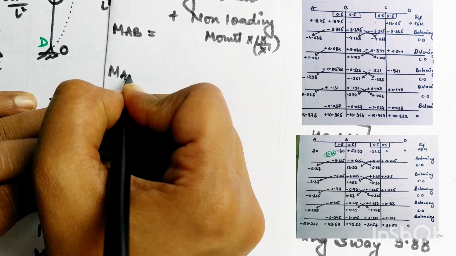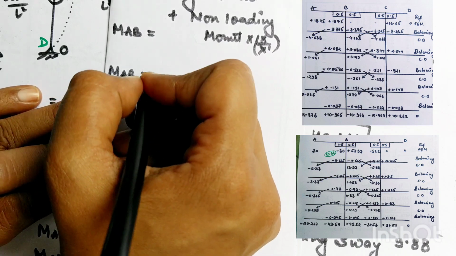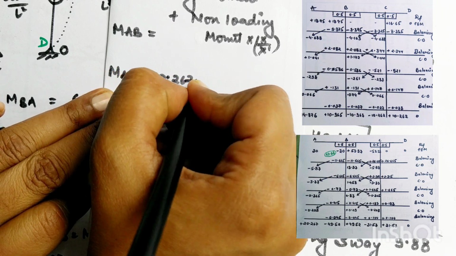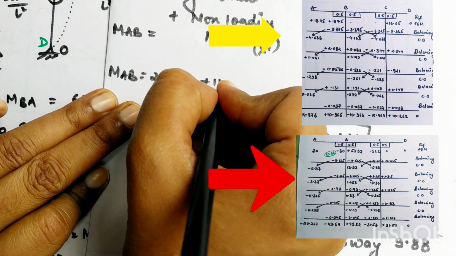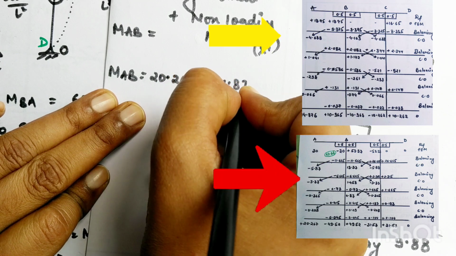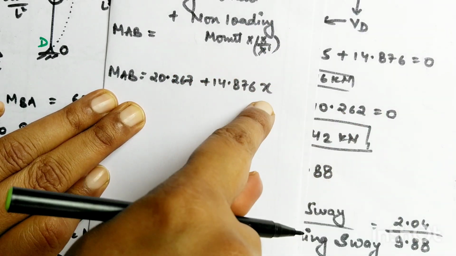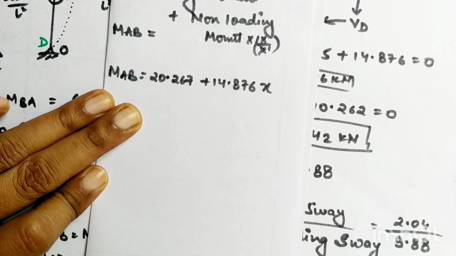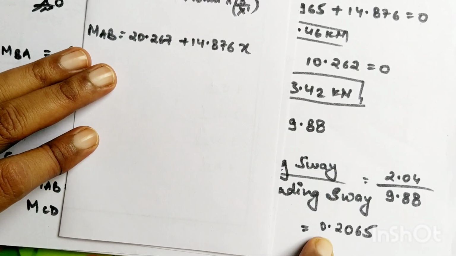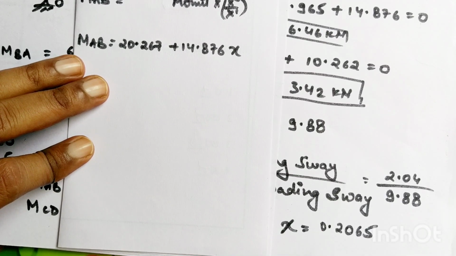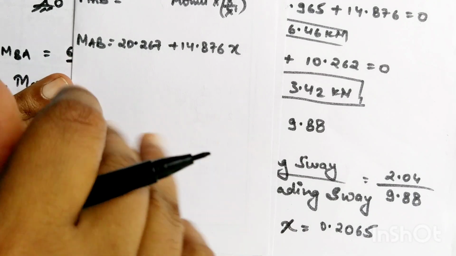So we are going to multiply our non-loading moment by that factor that we have got. So I am just indicating that factor with X. So here we are. We will be just taking it. You can see from the figure, we have just taken both the moments, and the non-loading, which we have assumed, we have just multiplied it with the factor here.